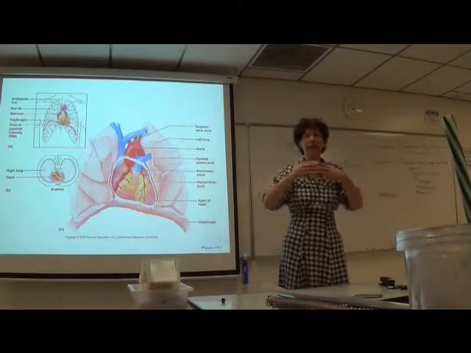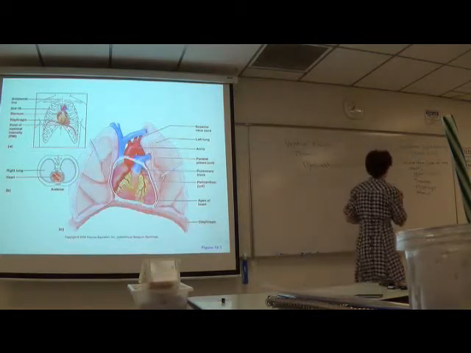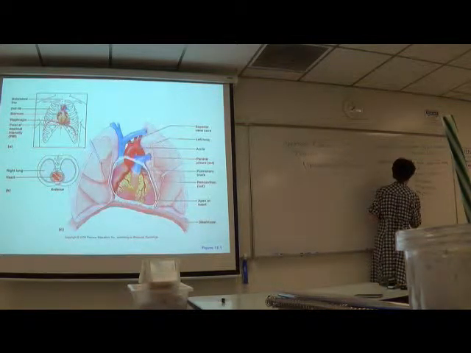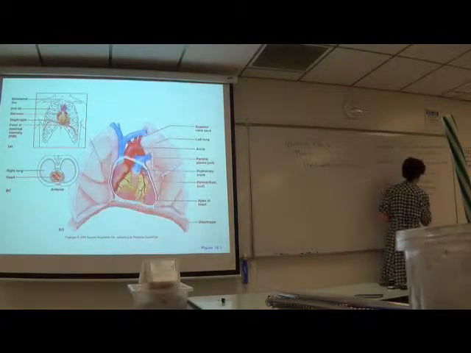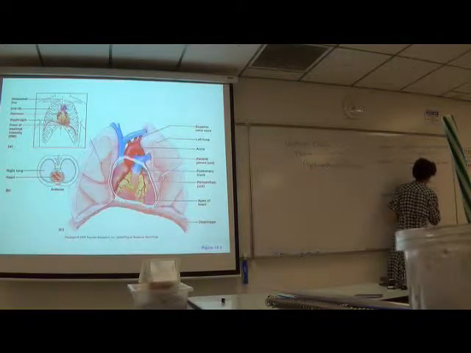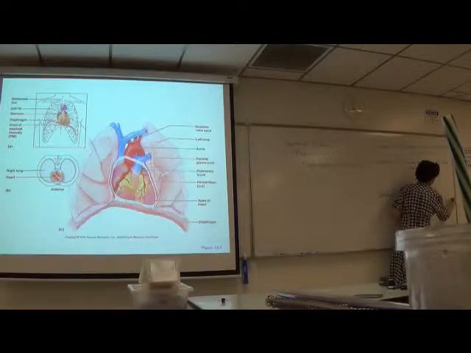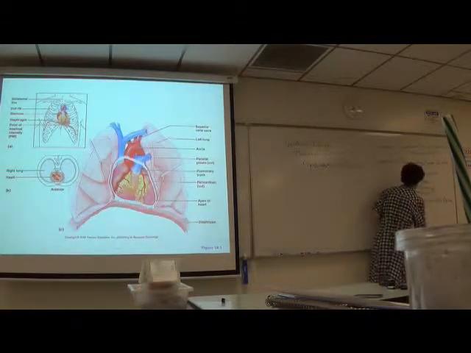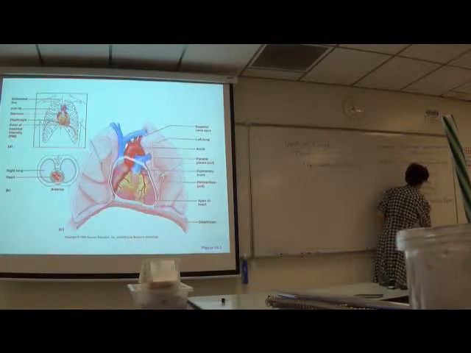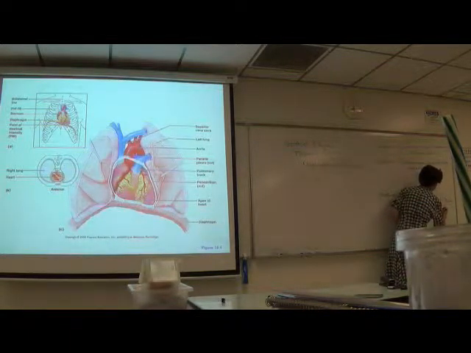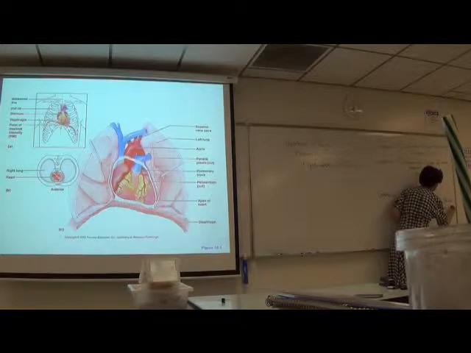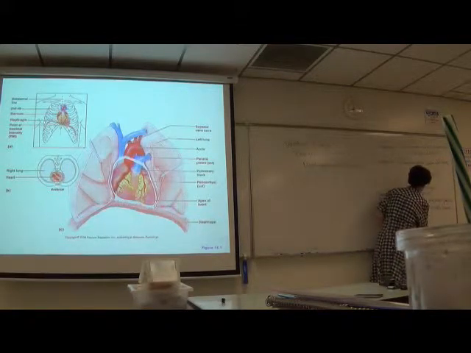So it's really not much of a space, but what we find there would be superficial to the parietal pleura. So intercostal vessels and nerves, and sympathetic chain.